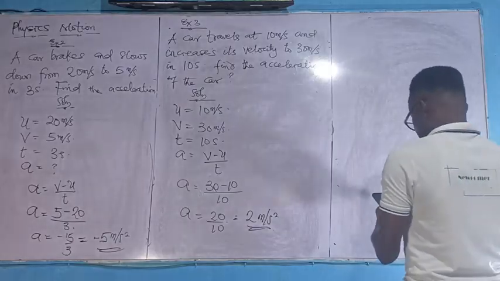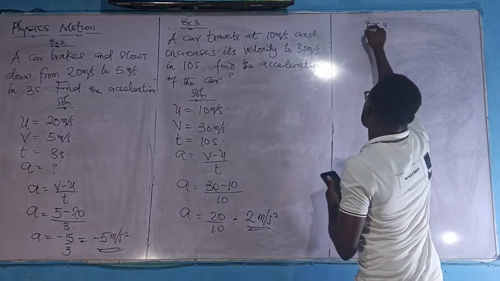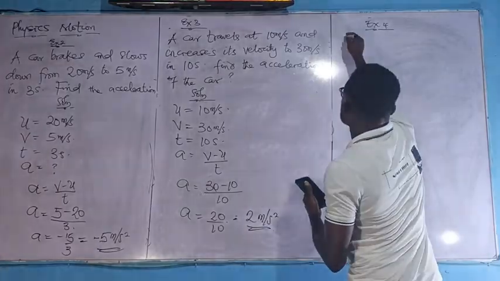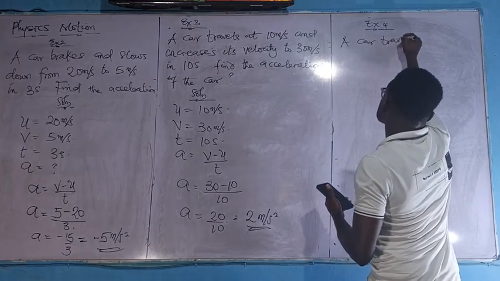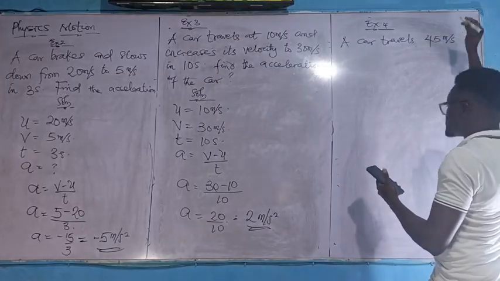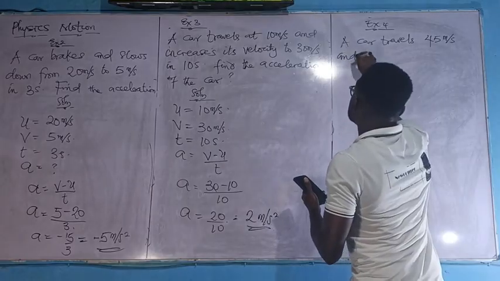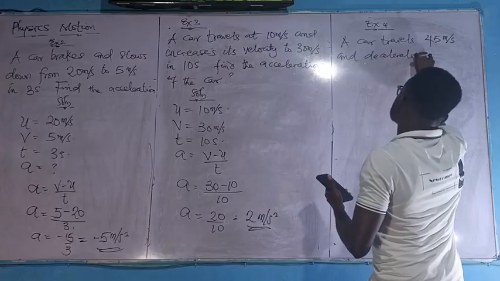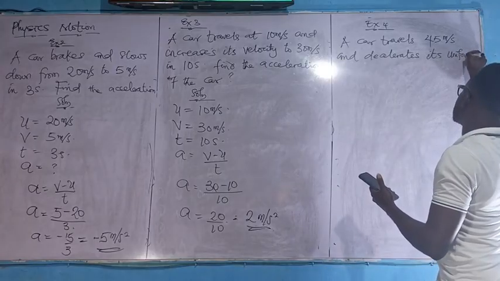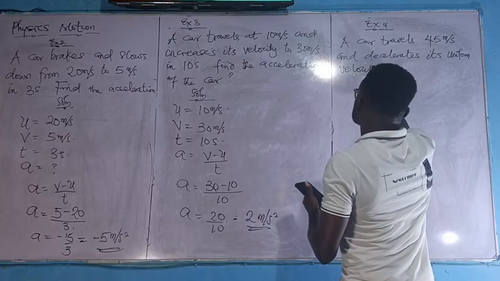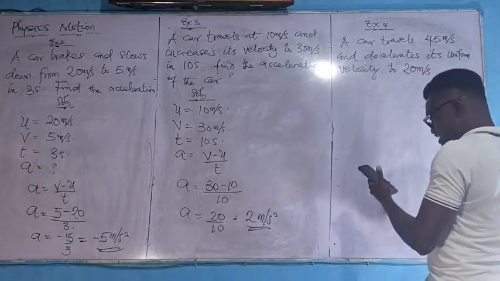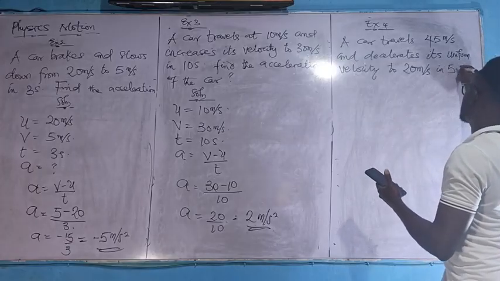So exercise 4. Okay, it reads: a car travels at 45 meters per second and decelerates uniformly to 20 meters per second in 5 seconds.